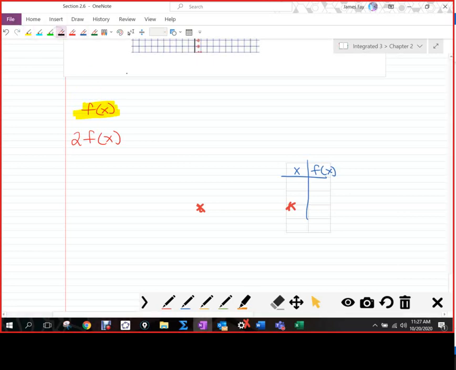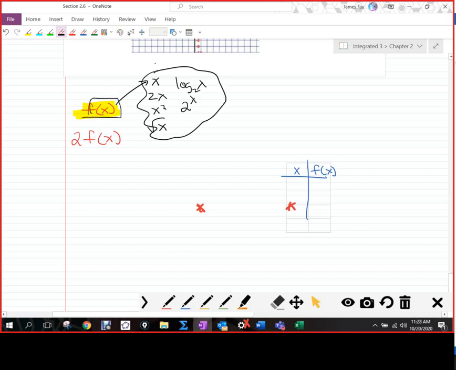What they mean by f of x is that it could be x, it could be 2x, x squared, the square root of x, the logarithm of x, 2 to the x. It could be any function, any rule that you could come up with. So this symbol here is standing in for all of these different graphs that we could be talking about. Does that make sense?